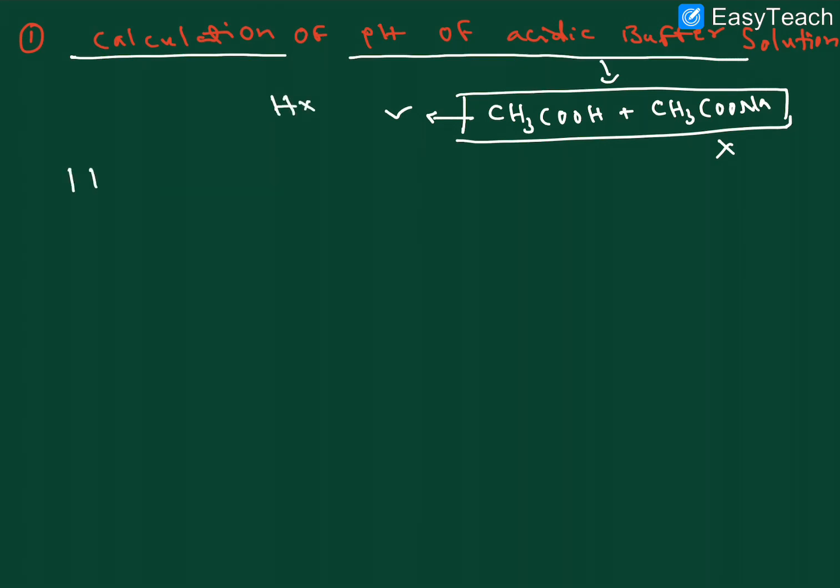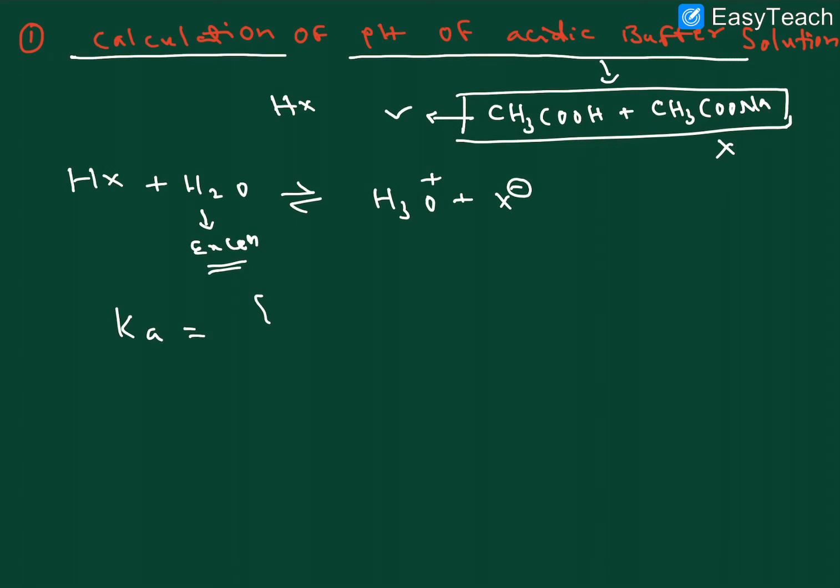It is a weak acid. Generally, the weak acid is represented like this. So I am taking a weak acid HX here. Whenever it is dissolved in water, it forms hydronium ion and X minus ions. We are taking water in excess quantity, so we can neglect it here. According to this, the dissociation constant of acid, Ka, is equal to the concentration of H plus ions, hydronium ions, and X minus ions divided by HX, right?